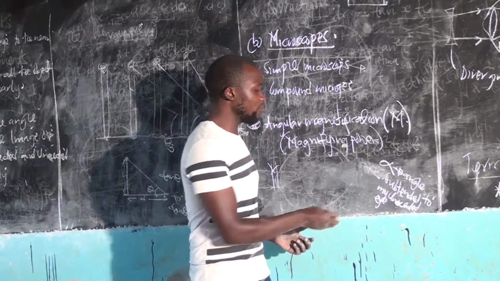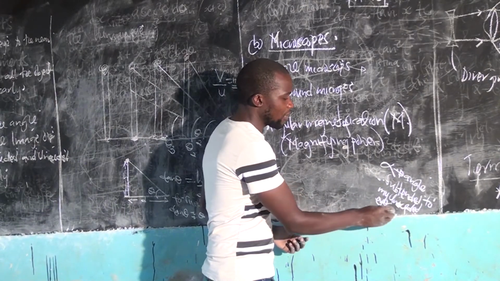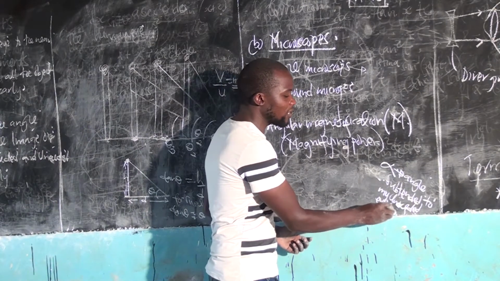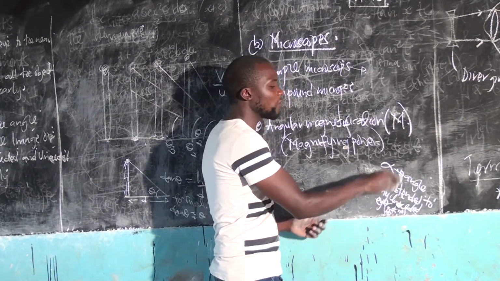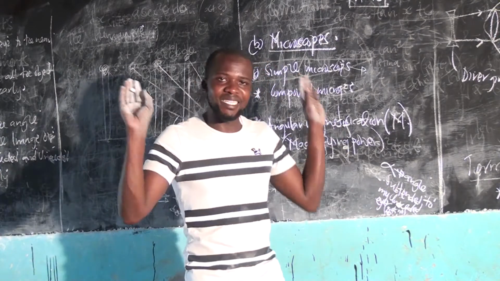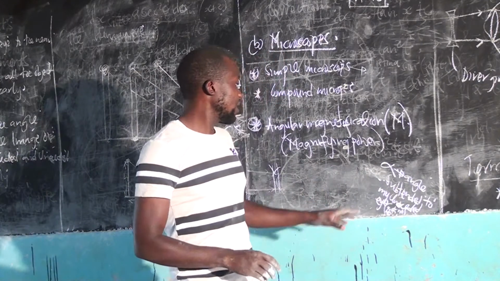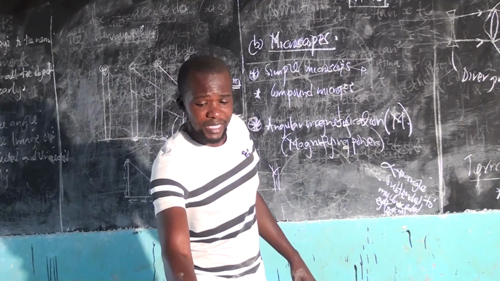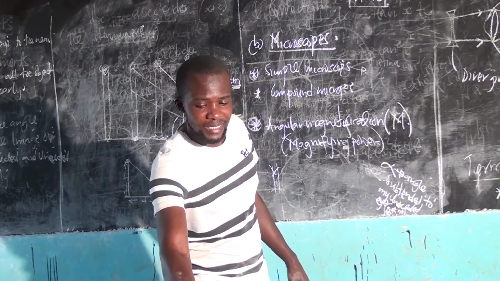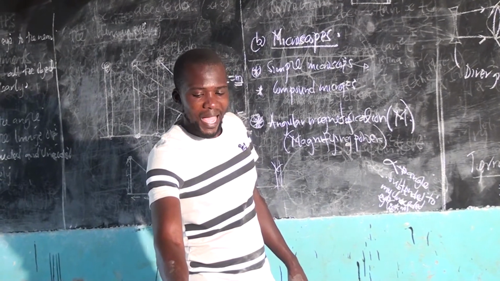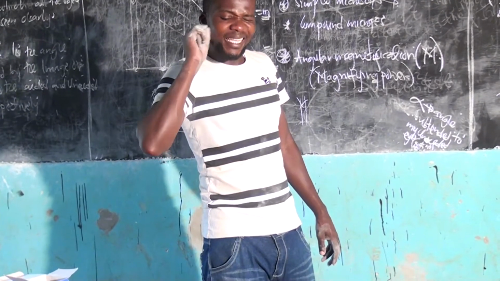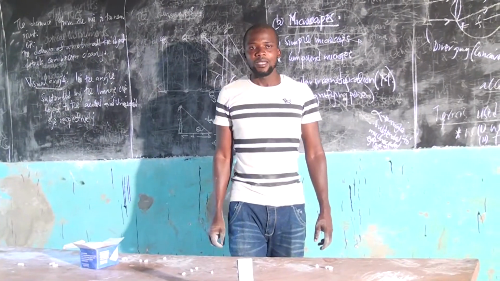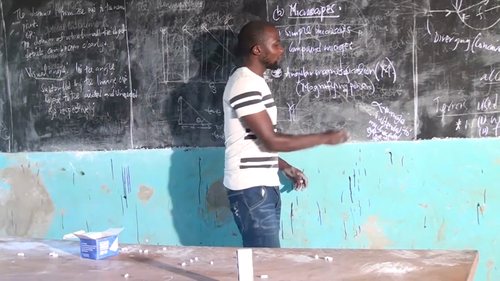But in some other books you will see people saying eye with no instrument. So this duster is subtending an angle to my unaided eye.